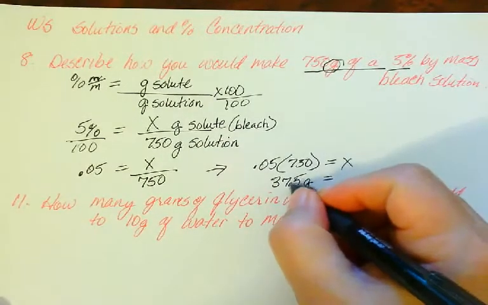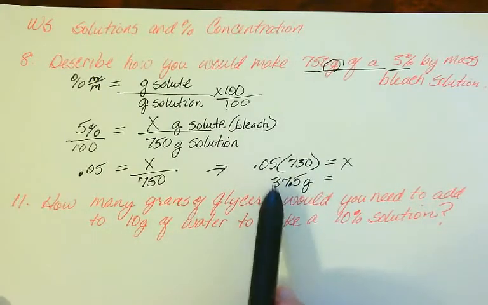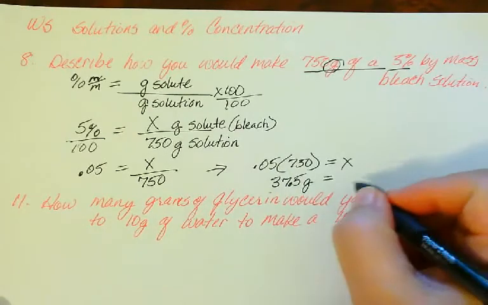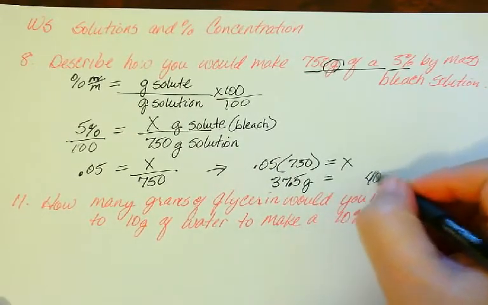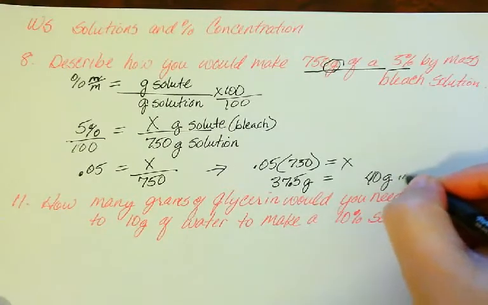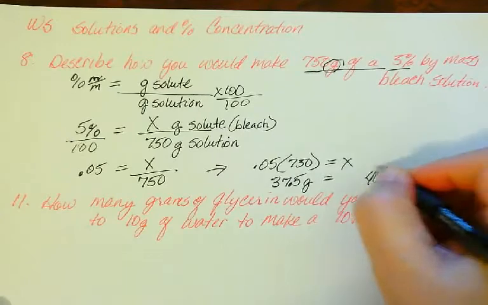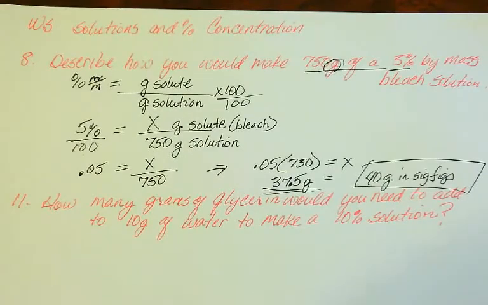We want to make sure we're getting the process down correctly, but this had only one significant figure because of the 0.05, so technically this would be 40 grams in sig figs. But 37.5 is a correct answer.